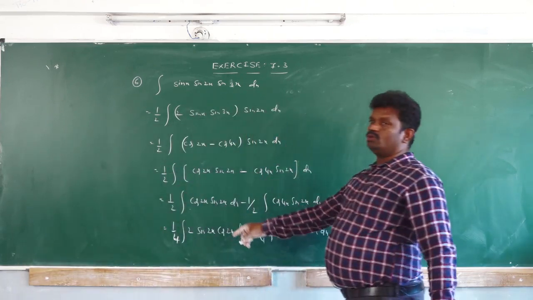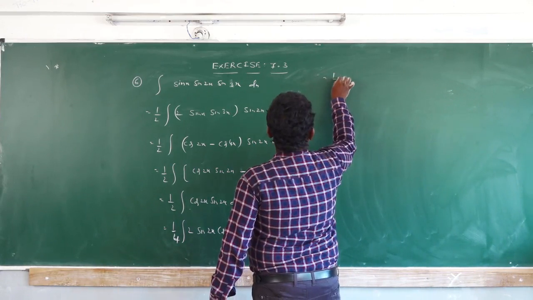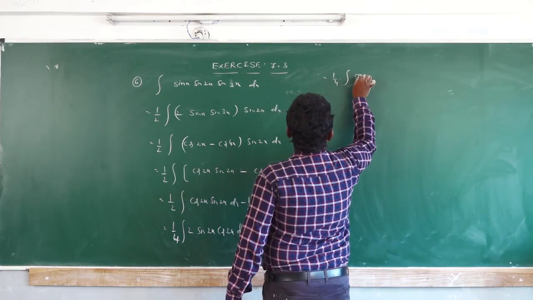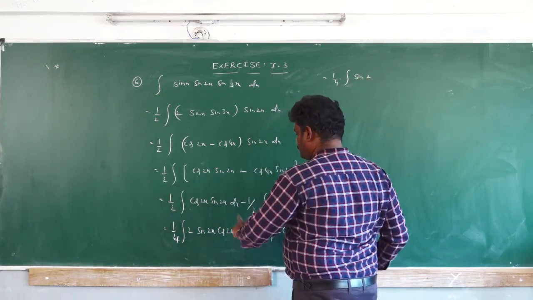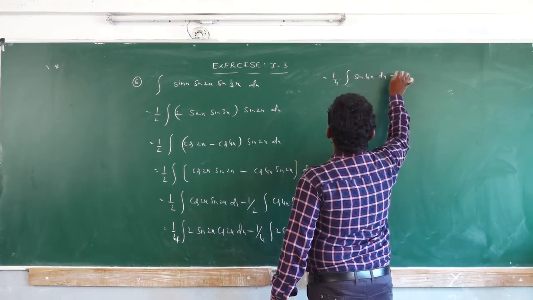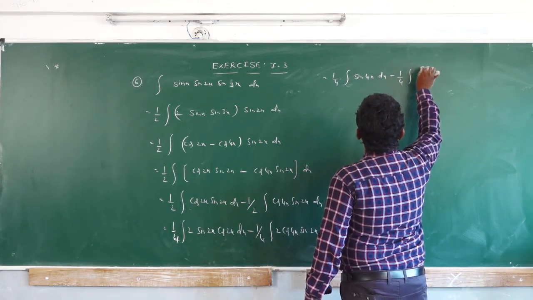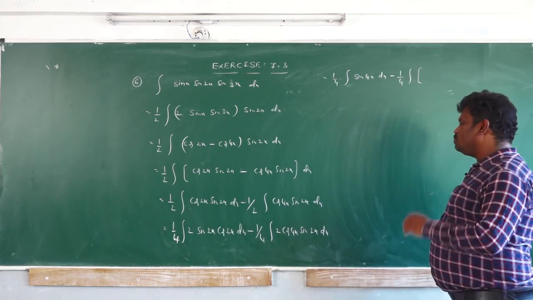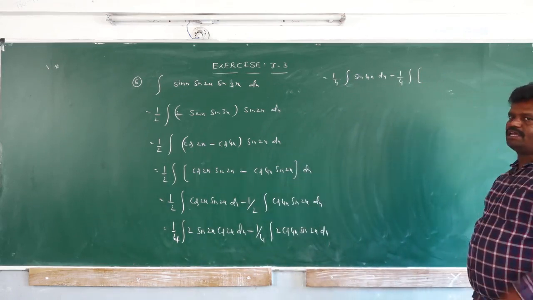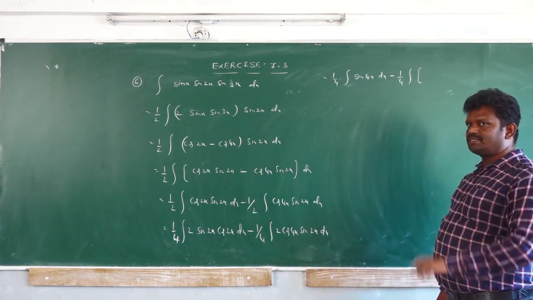Now 2 sin x cos x is sin 2x, so that gives 1 by 4 integral sin 4x dx. Minus 1 by 4 integral, where we use 2 cos a sin b, whose formula is sin of (a plus b) minus sin of (a minus b).